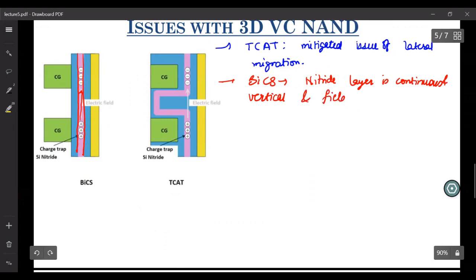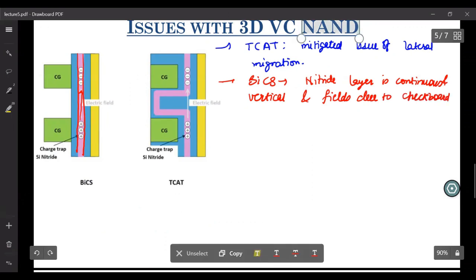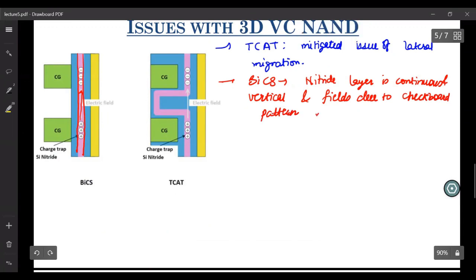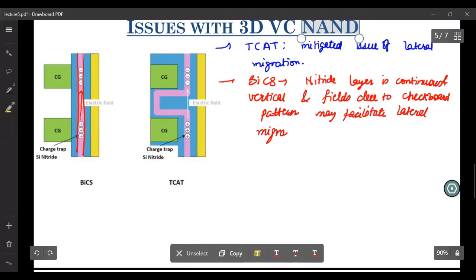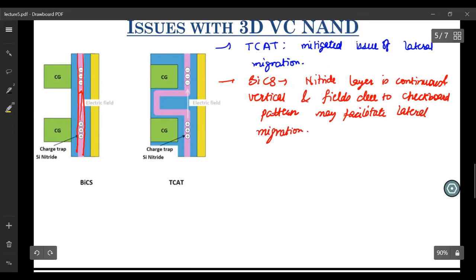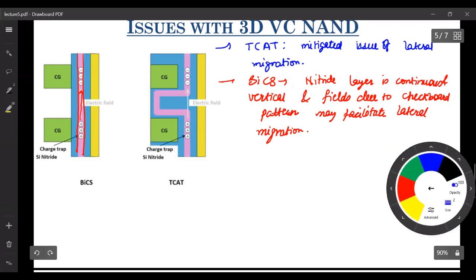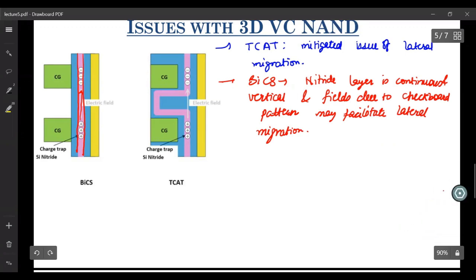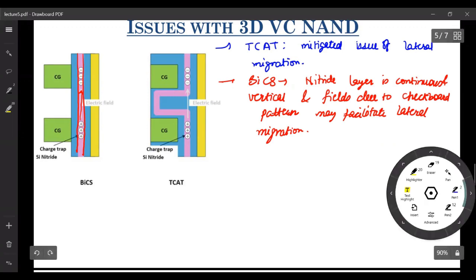and electric fields due to the checkerboard pattern or any other pattern may facilitate your lateral migration. On the other hand, in this TCAT, although this nitride is continuous, it follows a different pattern, right?